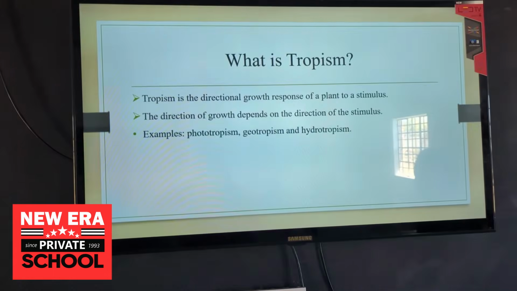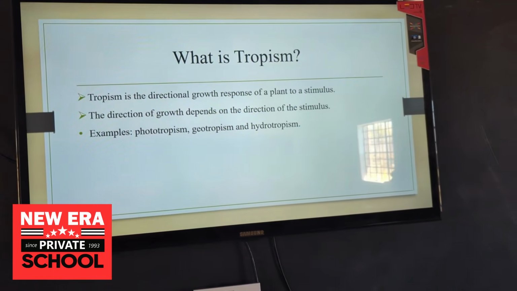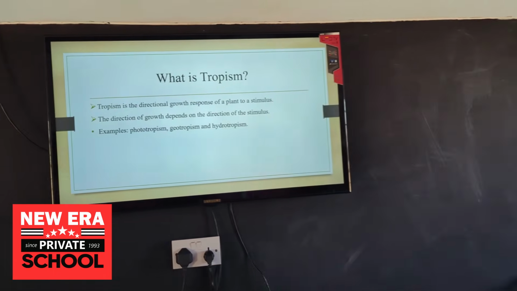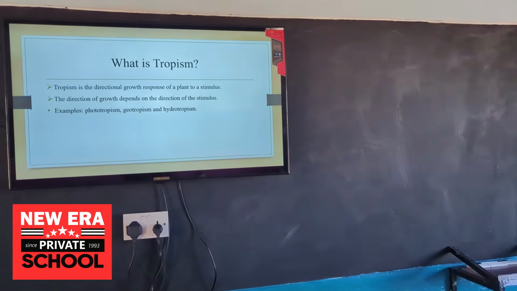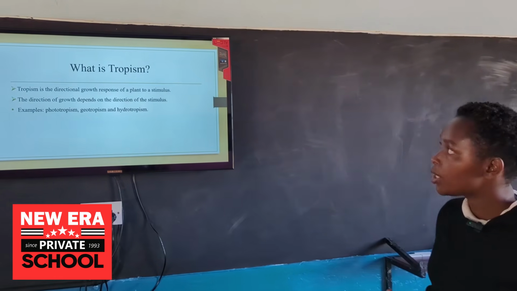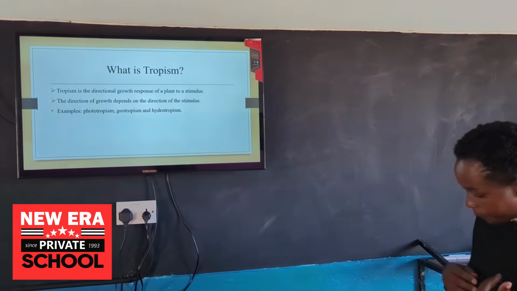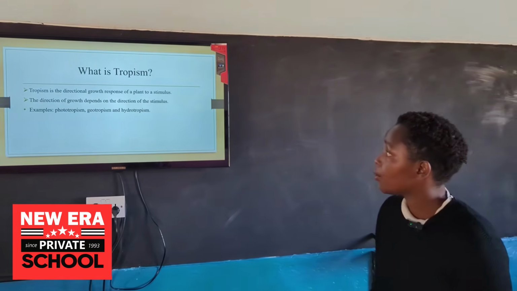Tropism is defined as the directional growth response of a plant to a stimulus. Or you can define tropism as the turning movement in which plants grow towards or away from a stimulus.